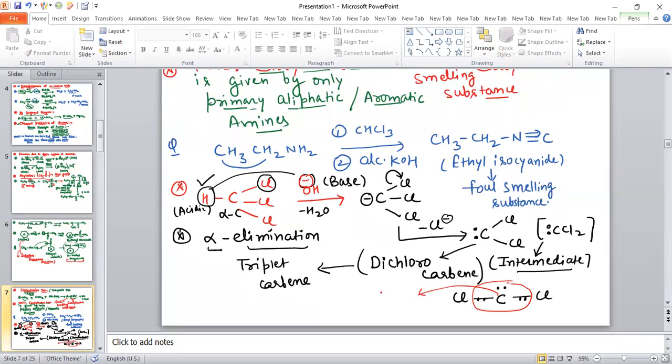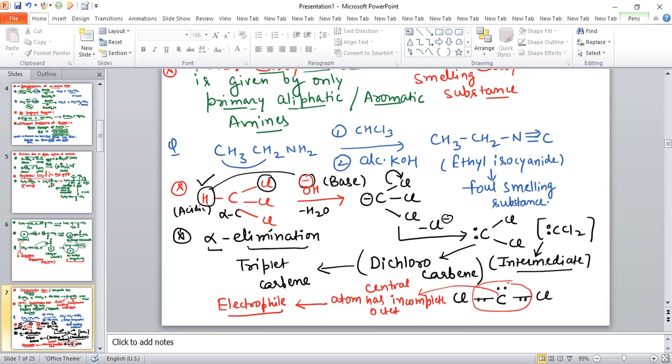So we can say the central atom has an incomplete octet. It means this is electron deficient, and electron deficient species are electrophiles.